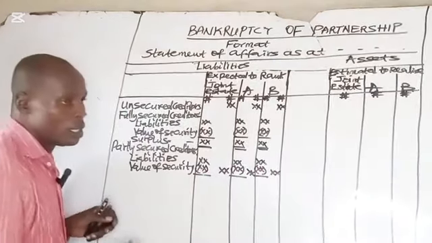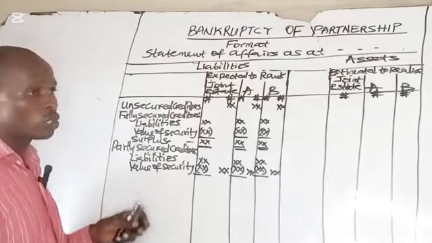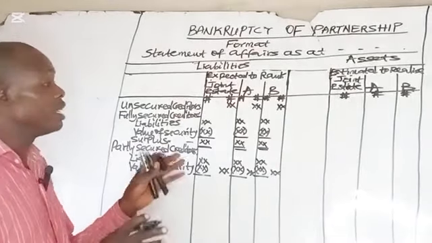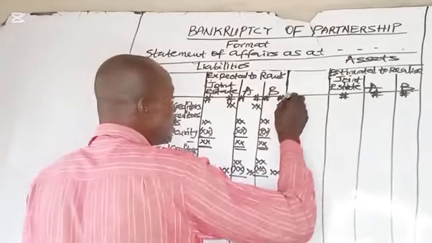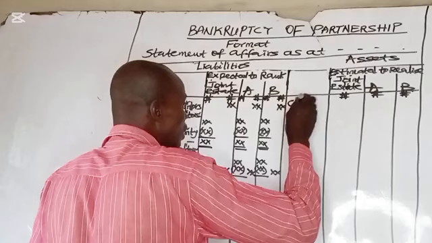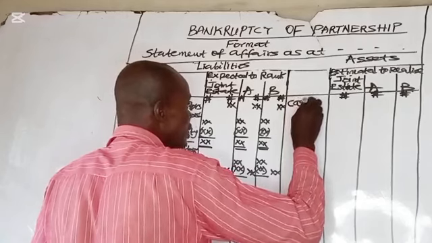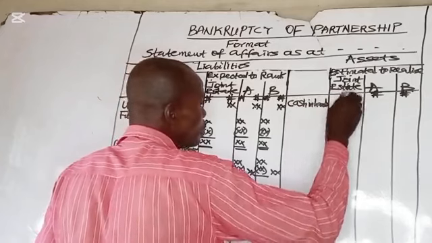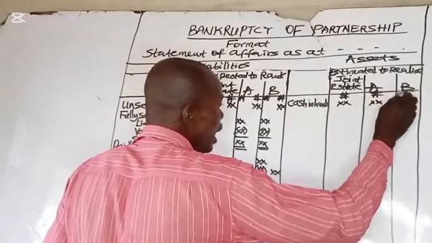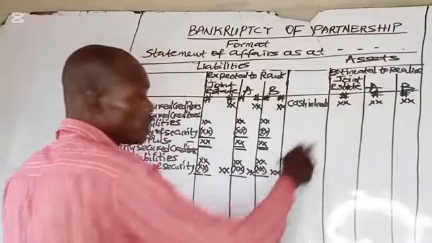Then after partly secured creditors, you have the rest of the assets that are not attached to any of the liabilities. That is, the assets that are not used as security. We have cash in hands. If cash in hands is not used as security, put it there. The one for A and the one for B, the one for joint estate.